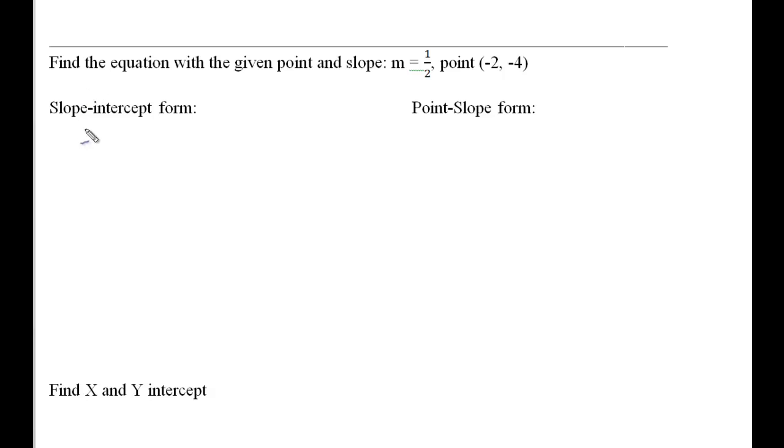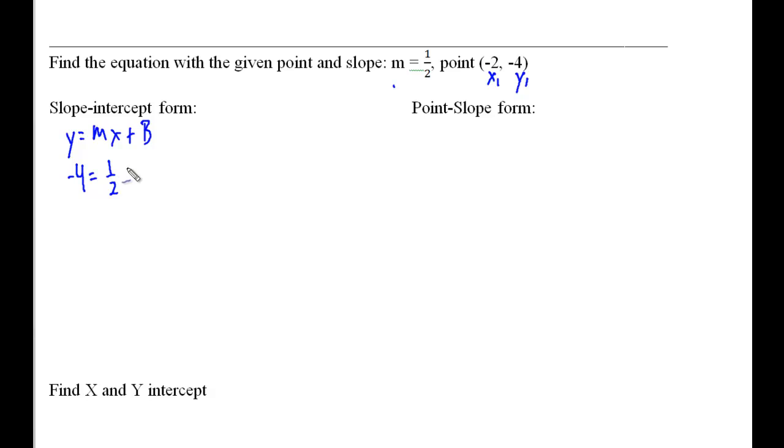The slope-intercept form is going to be y equals mx plus b. Now, this is our m, our slope, and this is our x, and this is our y, but these are the points, so I'm going to put a little sub 1s there, and that makes this y value negative 4. The slope is 1/2.